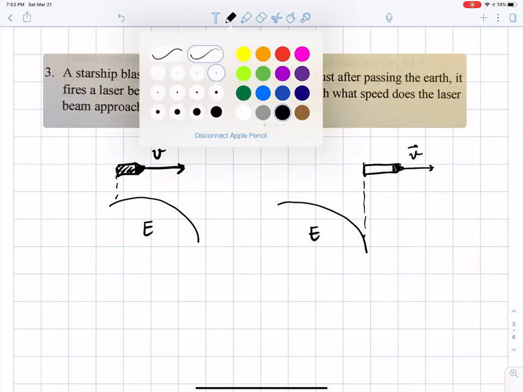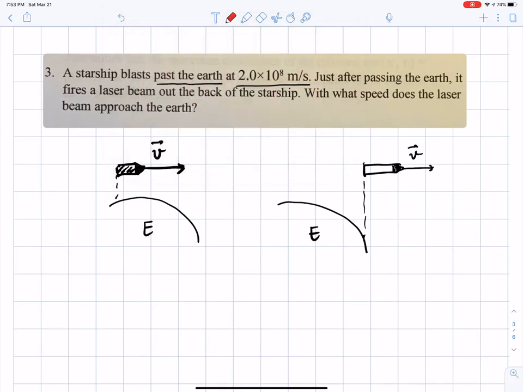Now it's firing a laser out of the back of the starship. There it is, v laser, let's say.